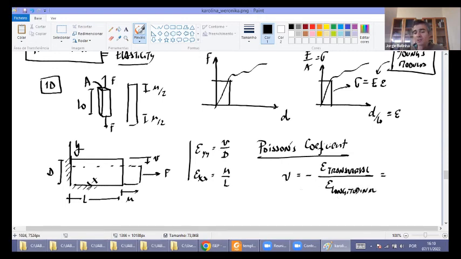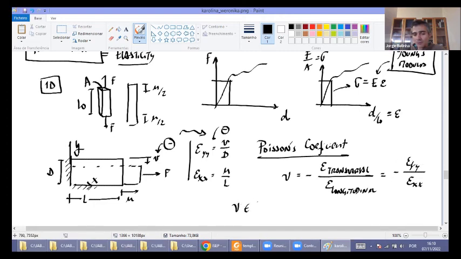In this case, longitudinal is where the force is being applied, the XX, and the transversal is the other direction. And this sign is minus because of this V. This V is negative because it's a contraction. So this will be minus, this is positive, this is an elongation. So it becomes a positive value.